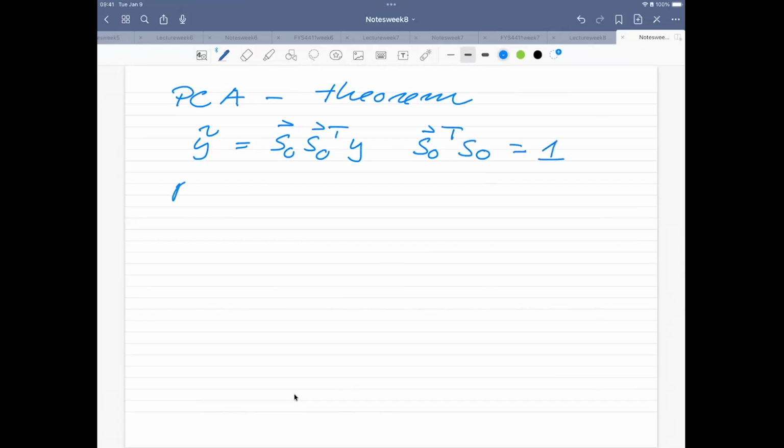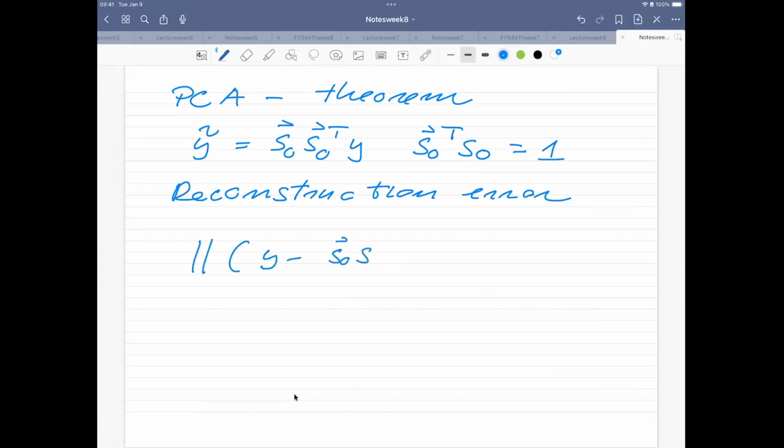And then the reconstruction error which we make is going to be given by the norm 2 of y minus S0 times S0 transpose times y. And we want that one to be smaller than or equal to some epsilon, which is a small number.